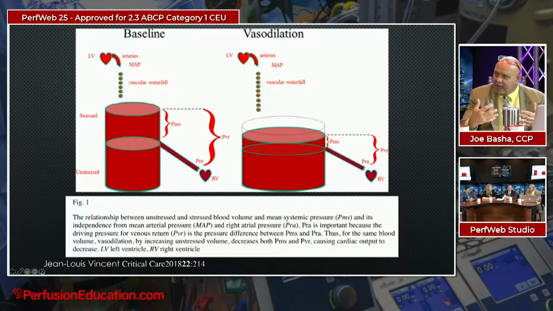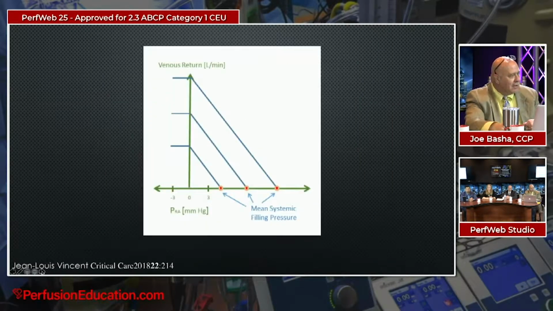But what really is most important is that if you don't change your volume, then the stressed volume, the volume within your stressed system, decreases, lowers your venous return, lowers your cardiac output. Next slide, please. So in this particular example, you see the right atrial pressure on your x-axis and your venous return on your y-axis.